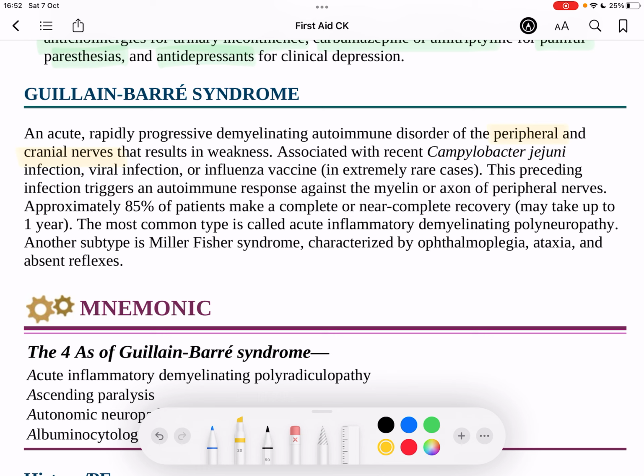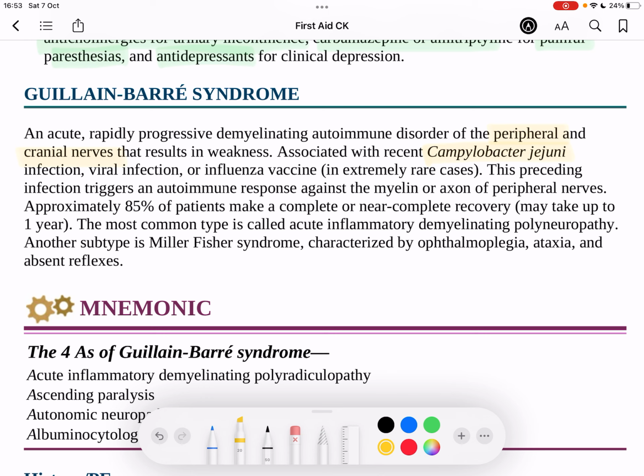Very high yield to note, it is associated with a recent Campylobacter jejuni infection, but it can also be seen with viral infections and influenza vaccines as well, but this is very rare. There are also some cases of people who had COVID and then developed Guillain-Barré afterward. That's not the COVID vaccine, that's COVID infection itself.